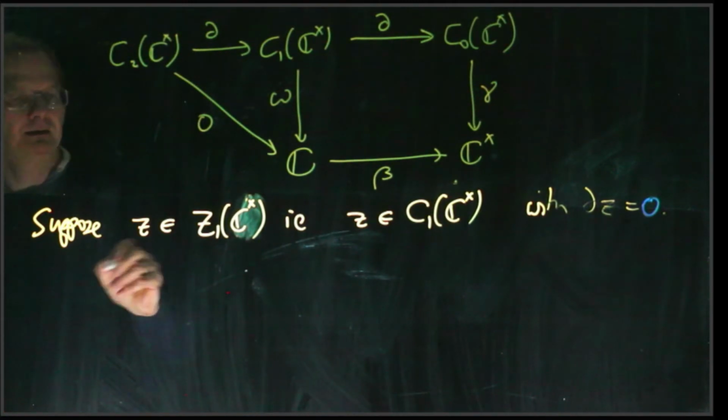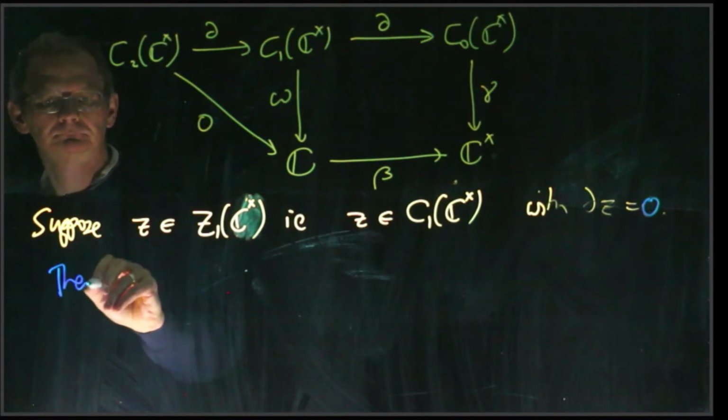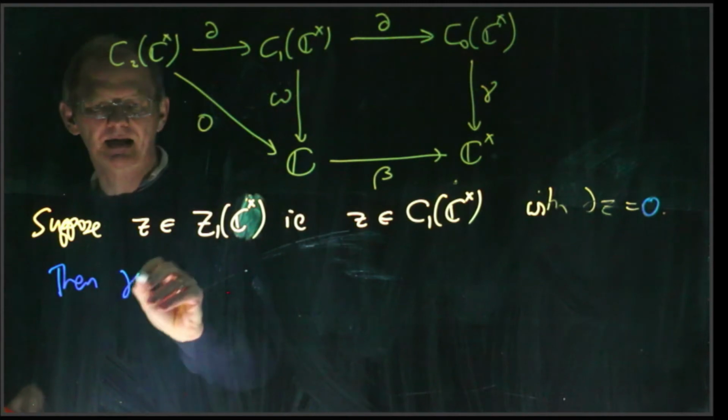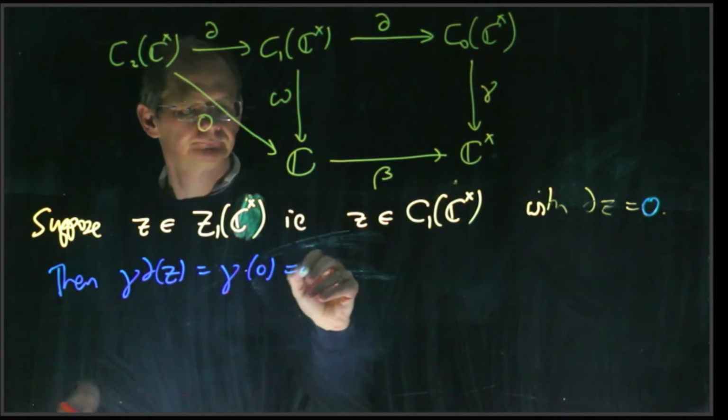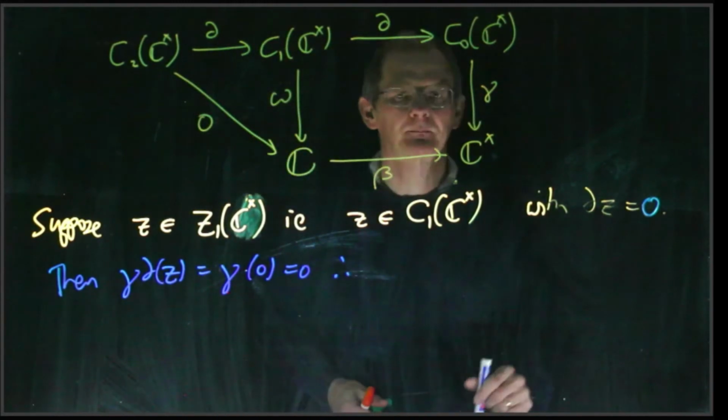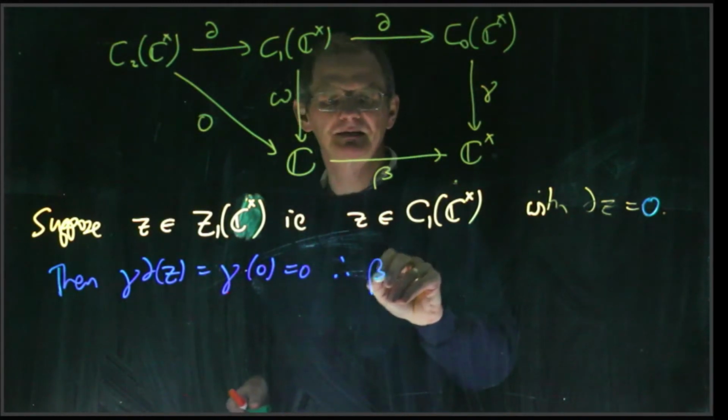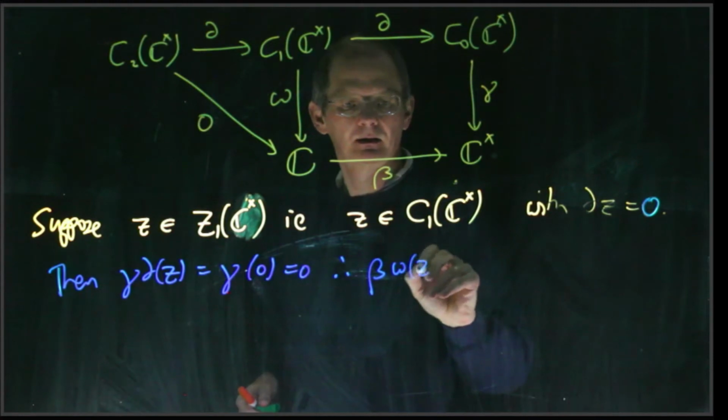Then that means that gamma dz, gamma 0, is 0, but the diagram commutes, so that tells us that beta omega z is 0.